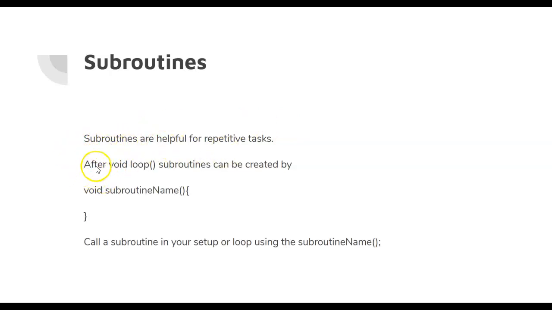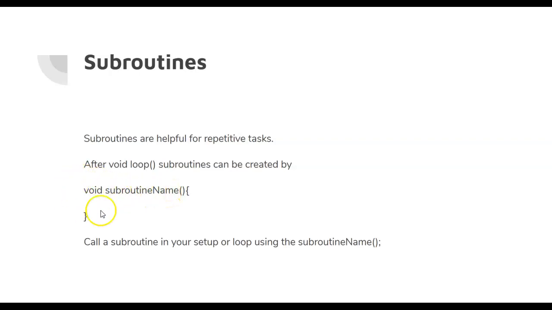So when we go to add subroutines, it has to happen after the void loop, okay? After both curly brackets, the open curly and the closed curly of the loop, that's where our subroutines can be created. And when we name a subroutine, if we don't want it to return something, which in this case we don't, later on we can create subroutines that return values.